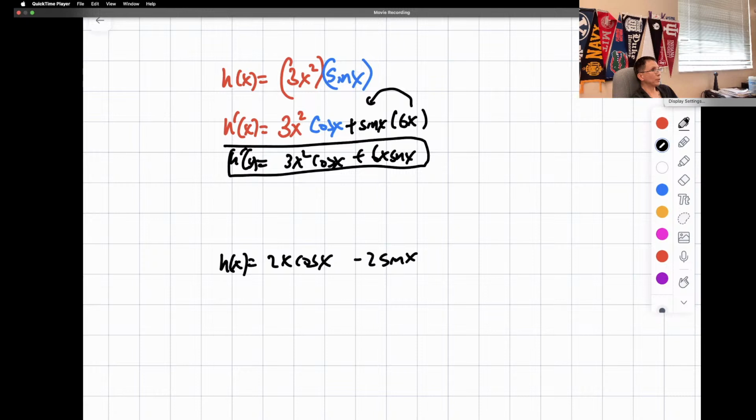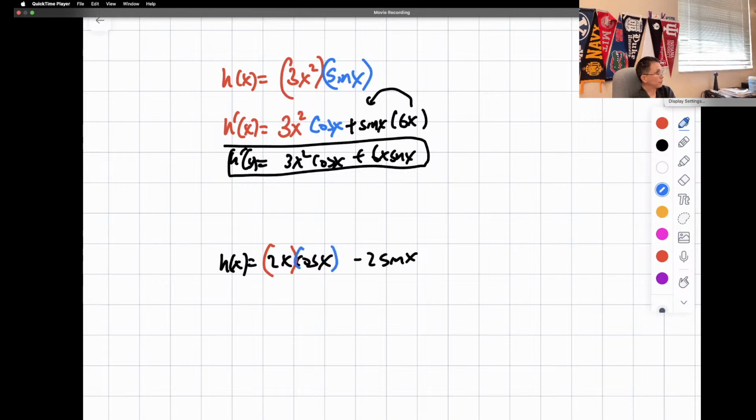So did you see product rule here? Which part is product rule? The one on the left, you say this one is two functions multiplied by each other.